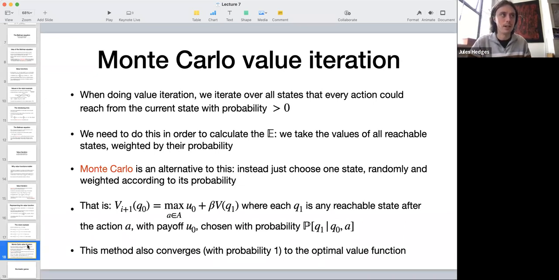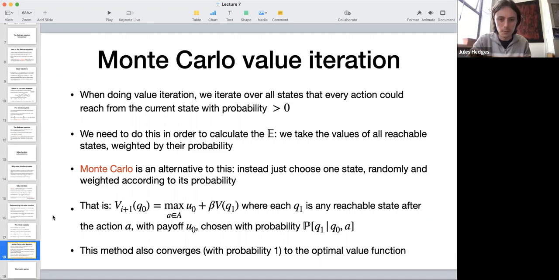Instead of looping over all possible reachable states, all we do is choose one, but the way that we choose it has to be weighted according to the probability in the Markov chain. So the probabilities which started life in the model, we're now in our numerical algorithm going to use those probabilities to make choices in the algorithm.